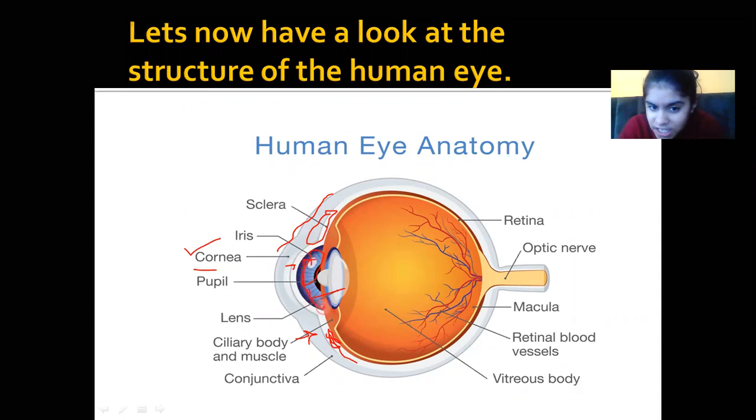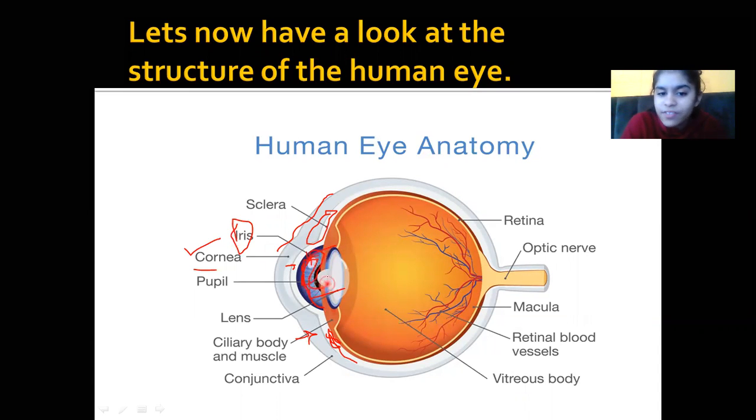If the iris of someone is blue, it means the person has blue eyes, because the iris does the function of giving color to your eye. Everyone, till here it's clear, I hope.